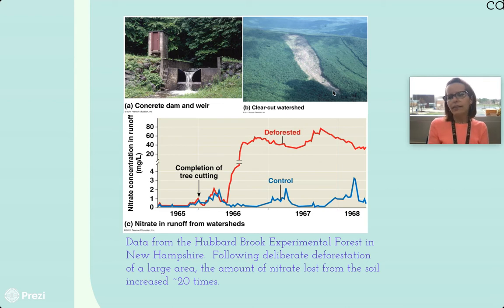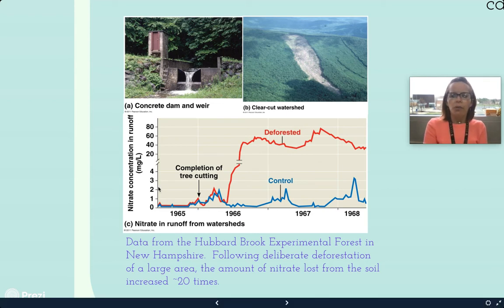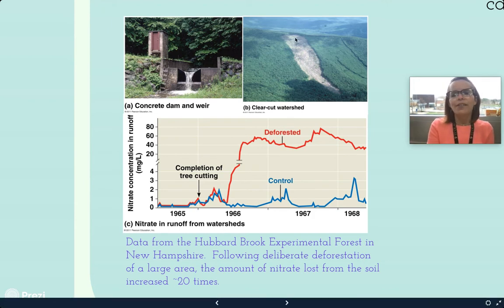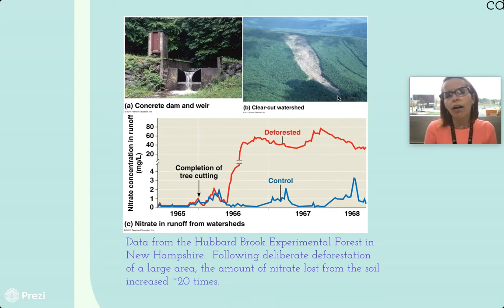So when they clear cut this swath, what you're looking at in the graph here is the nitrate concentration in runoff. What that means is when it rains, the water washes through the forest and through this clear-cut area. But when you analyze the water that's rushing through, it's full of nutrients. It's full of nitrates washing off this mountainside.